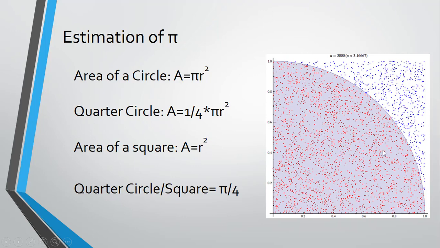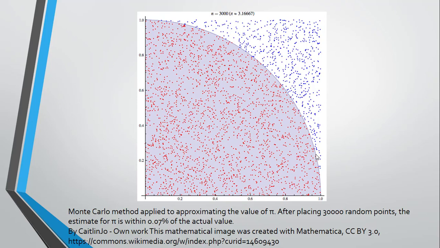We can put hundreds of thousands of dots, millions of dots, tens of millions of dots if you want. Then we can count how many are in the square, which represents the area of the square, and how many are in the quarter circle, the red dots versus the blue dots. By using a random system of Monte Carlo simulation, you can estimate pi.